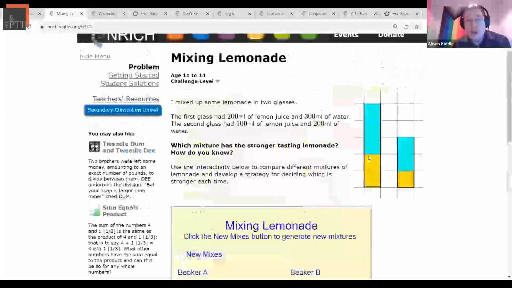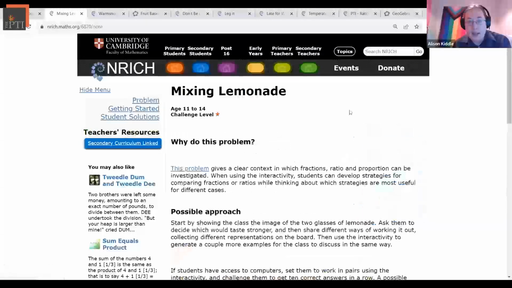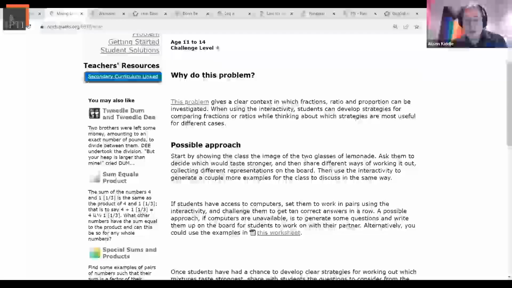But not everybody's got access to iPads or tablets or computers in the classroom. And so I wanted to draw your attention to the left-hand side of the page. There's a section here that says Teachers Resources. And when I click on that, it has got some suggestions as to how to use this without the interactive.